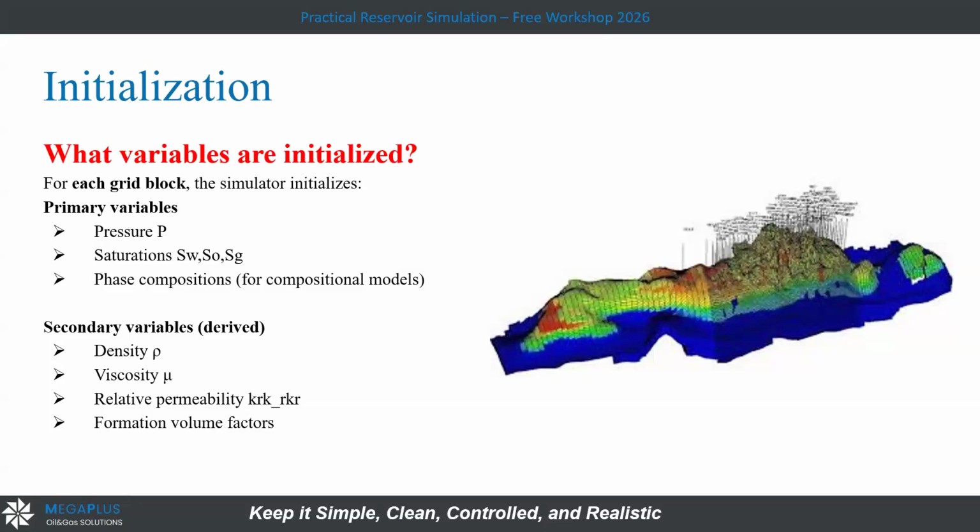And at each saturation we will have a relative permeability for this fluid, and the formation volume factor, of course. For those who don't know, the formation volume factor is the volume of the oil or the gas in the reservoir pressure and temperature, compared to the volume of the oil and the gas at the surface. At the surface, at ambient 60 Fahrenheit and 14.7 psi, the volume will change.